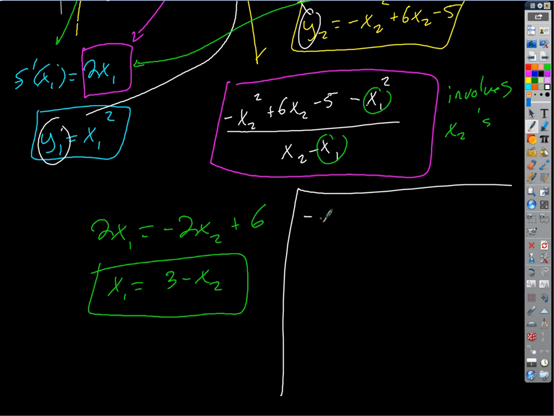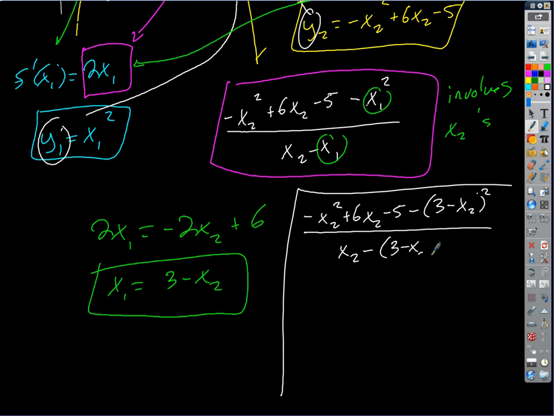And we get negative x sub 2 squared plus 6x sub 2 minus 5 minus the quantity 3 minus x sub 2 squared, all over x sub 2 minus the quantity 3 minus x sub 2, right?